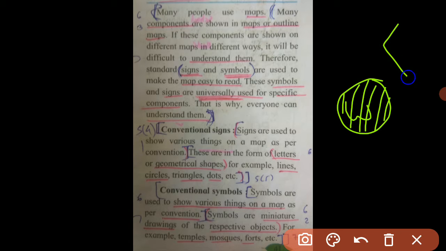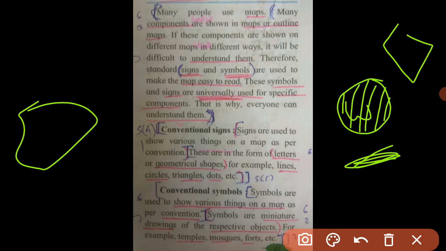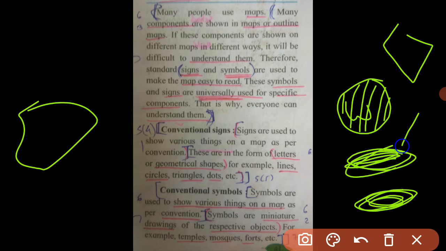It is the same for India and the same for USA, so that each and every person in the world can easily identify the thing. Blue color indicates water. If you go to America, Australia, or any region of the world, you will find water bodies indicated by blue color only. That is why everyone can understand them.